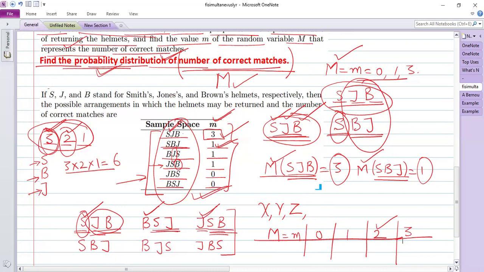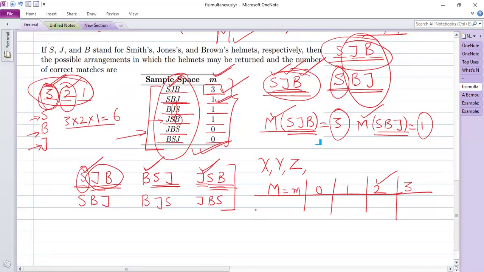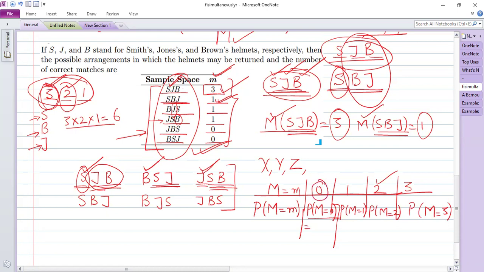Now, probability that M takes the value m. So here, the probability that M takes the value 0, the value 1, the value 2, and the value 3. Now, what is the probability of 0 correct matches?